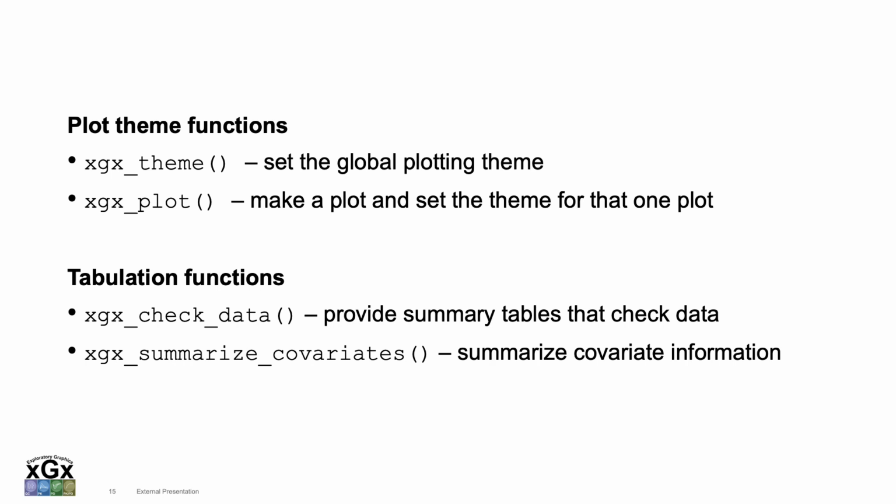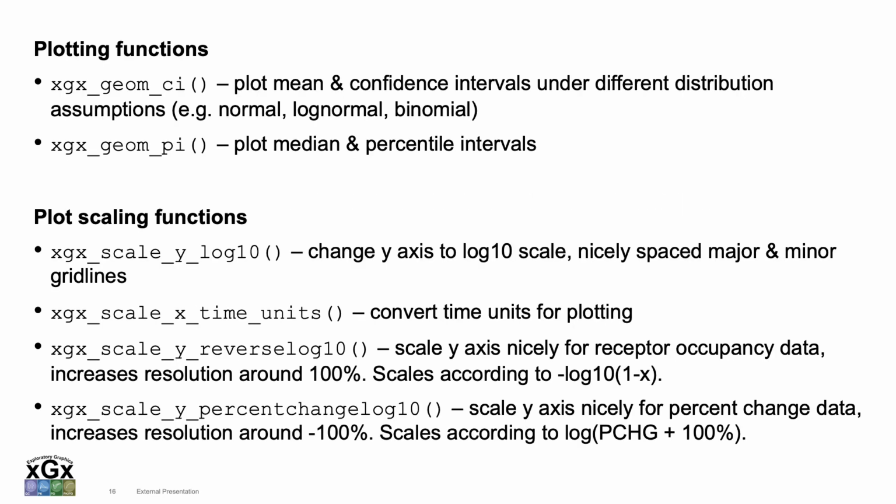In this slide and the next two slides, I am showing the list of the plotting functions available in our xGxR package. We have functions to set up your theme. We have functions to generate tables to provide a summary of your data and summarize your covariate information.